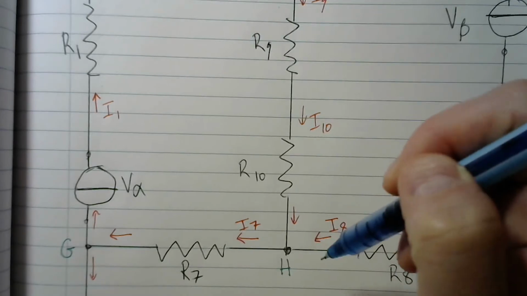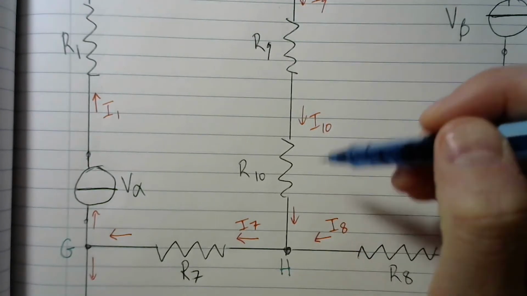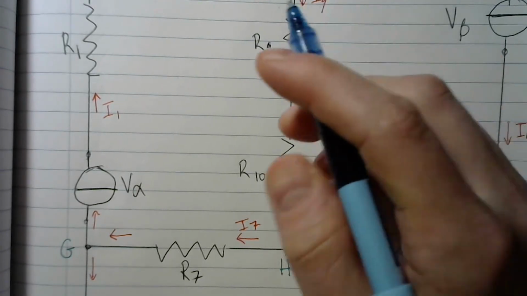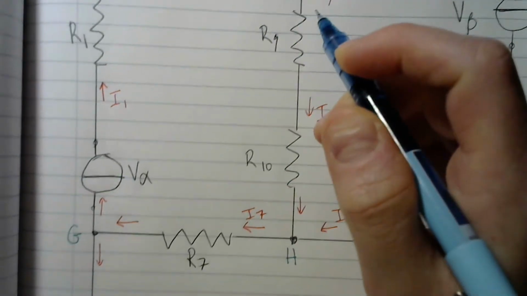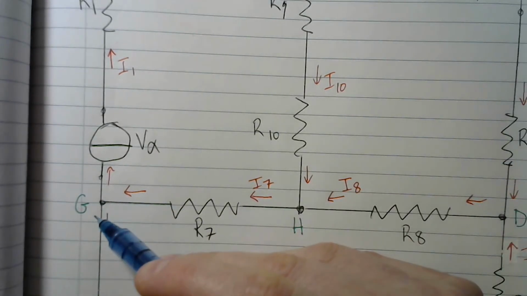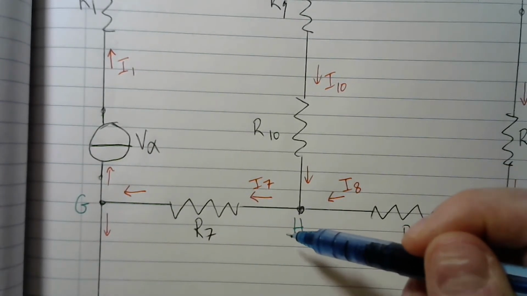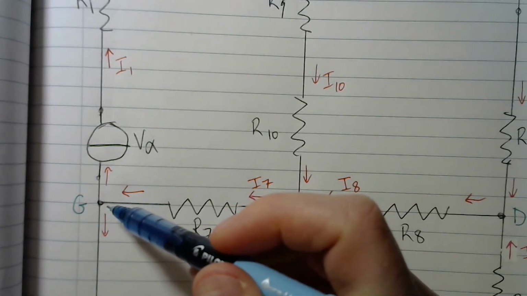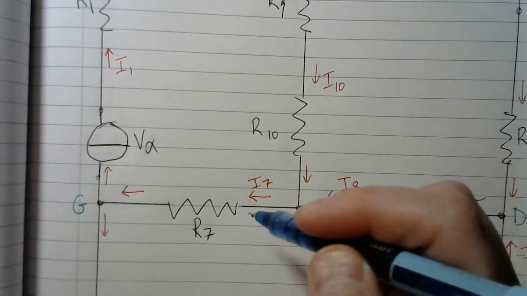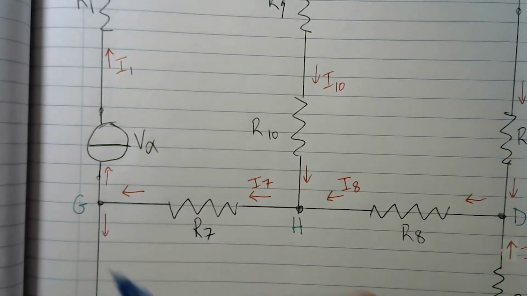Both of those are in the same direction as the current. So again, it will be a negative voltage for R9 and R10. When we get over to H and we want to travel over to G, again, we are traversing a resistor in the same direction as the current. And so that will be another voltage drop.